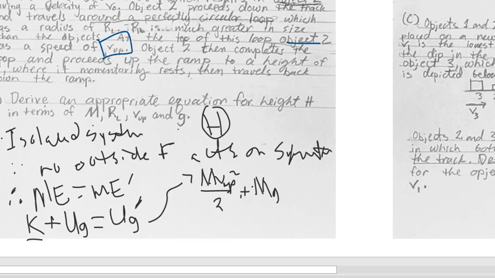And the height for this is 2 r sub L because it's twice the radius. It's the diameter of the loop it's in. And it's going to equal your potential energy due to gravity because of the height it ends up at. So big M, gravitational field, capital H. Okay, so you're pretty much there. You just need to solve it for H.